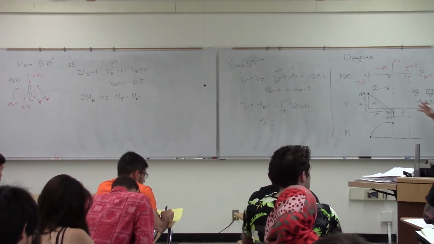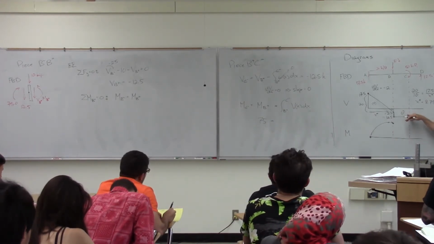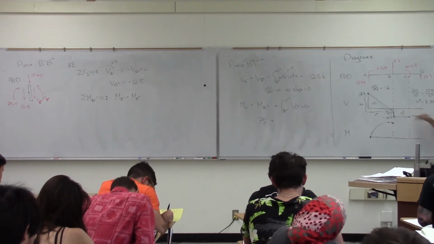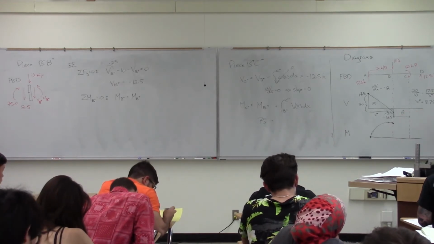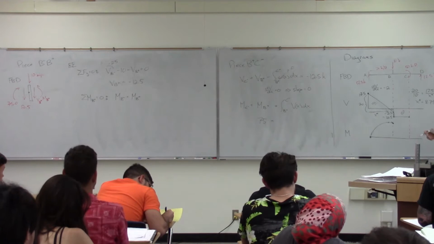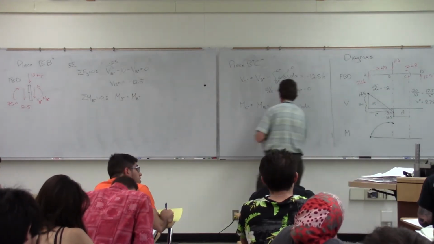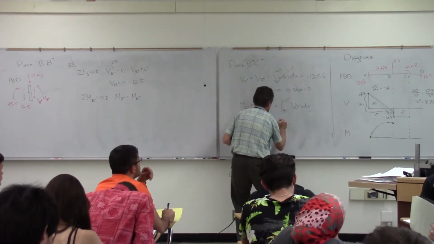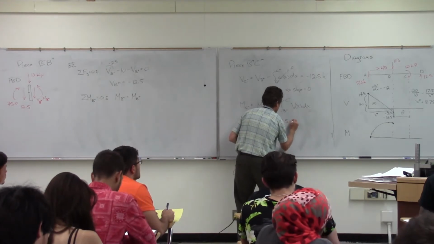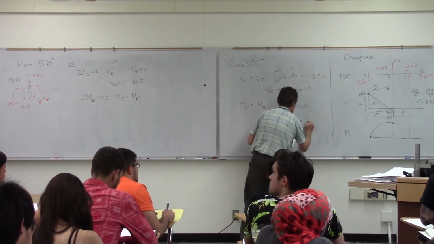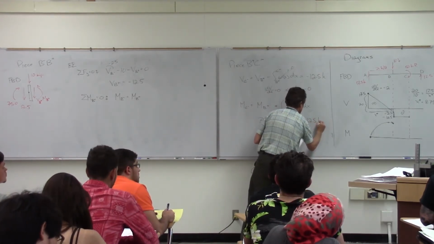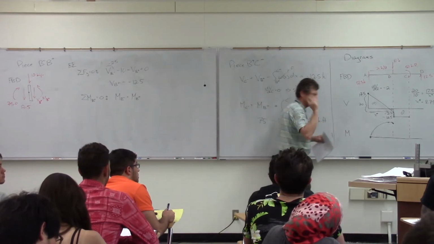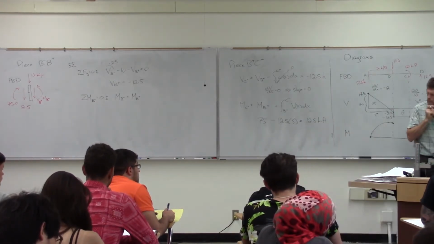Yes, we're looking at moment now, so I need to look at the shear curve. And that's why I said we got to get the shear curve done first. Well, that's going to be nice and easy. We got a rectangular area, 12.5 across 5.